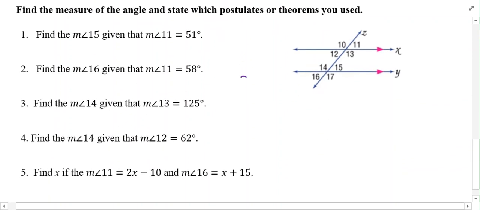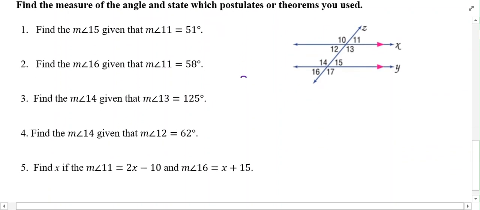So I want to find the measure of angle 15. So I want to find this measure, given that angle 11 is 51 degrees. We're told by the picture that x is parallel to y. That's what these little arrows meant. We talked about that in the previous chapter.